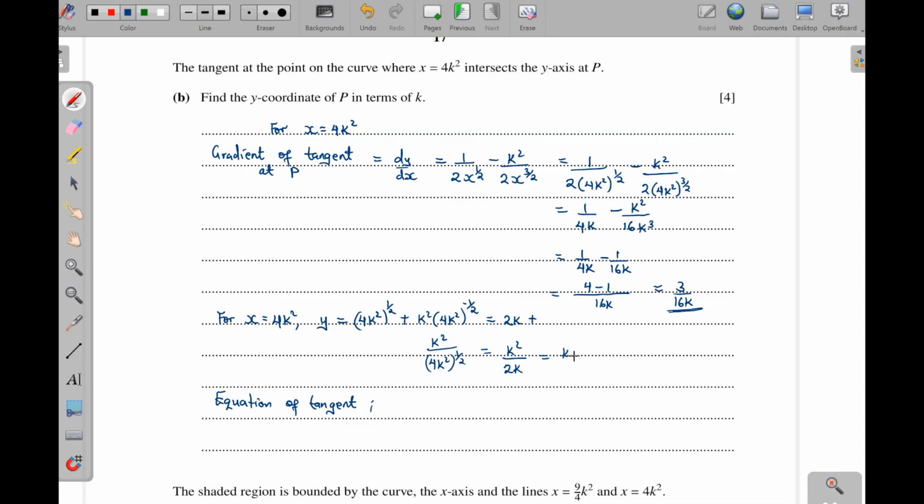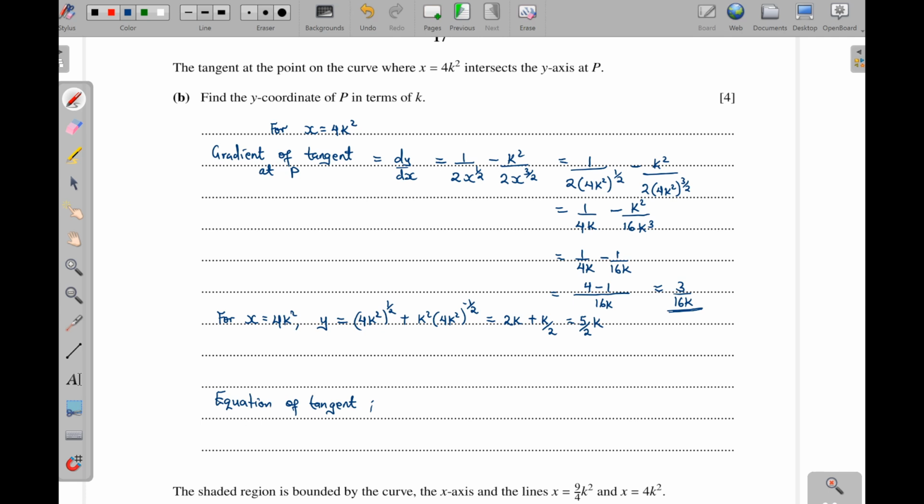And then this one will be k over 2, because this one will go into that. So k over 2. We have here k over 2. Then after that, what else do we have? This is 2 plus 0.5, that is 2.5. So I can have 5 over 2 of k.